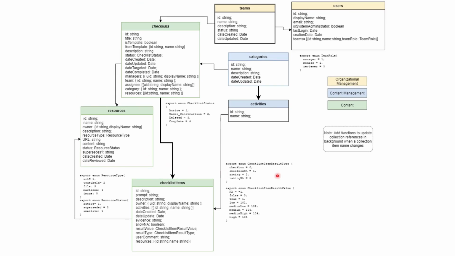Something else to note here is this note, and this is something I did through the first version. I think I'll try and use it everywhere here. You see in the documents I have things like managers, and the manager information or reference is made up of the user ID of that manager, but also pulls in the display name.